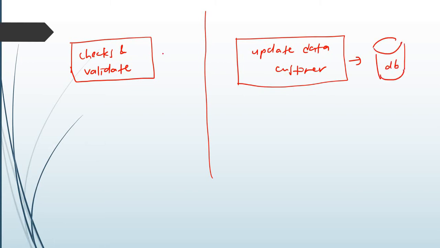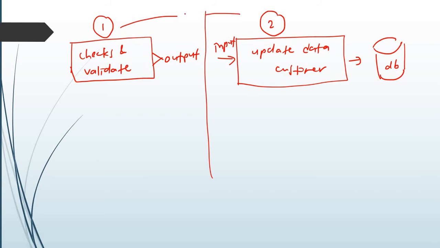So basically we should do the integration testing. Why? Because the output that we get from the first program, which is the check and validation, will become the input for the next process. So this is where the link takes place.